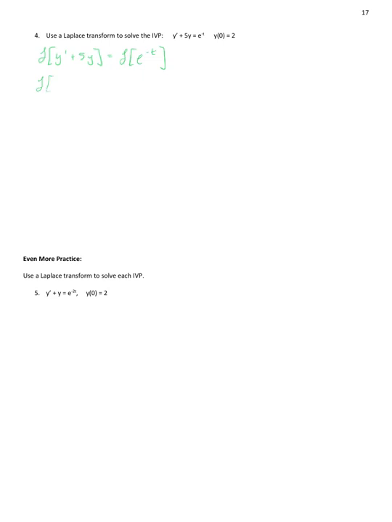So this is the Laplace of y prime plus 5 times the Laplace of y equals the Laplace of e to the negative t, which is 1 over s plus 1.